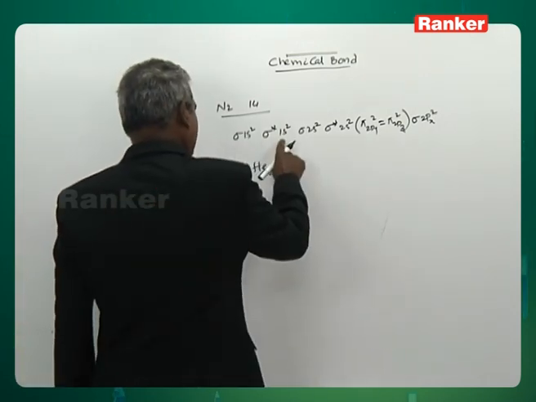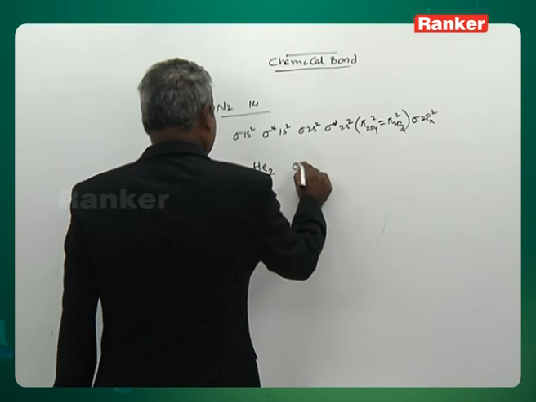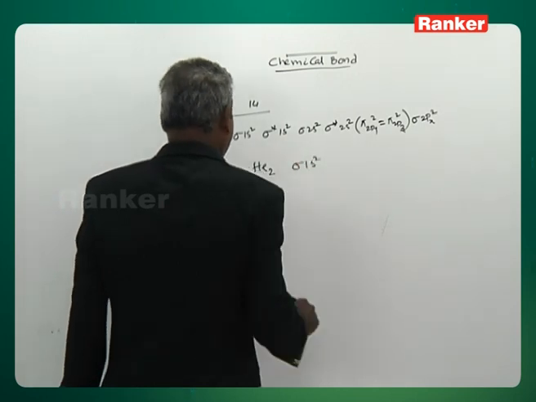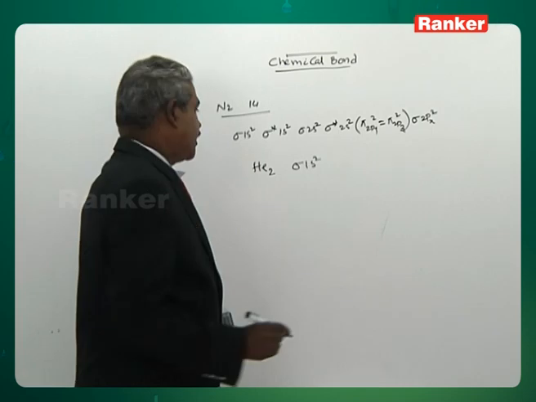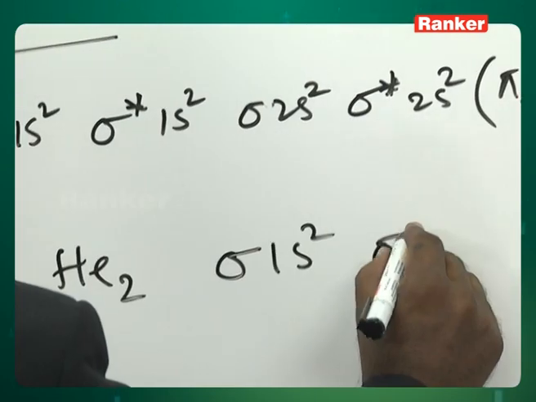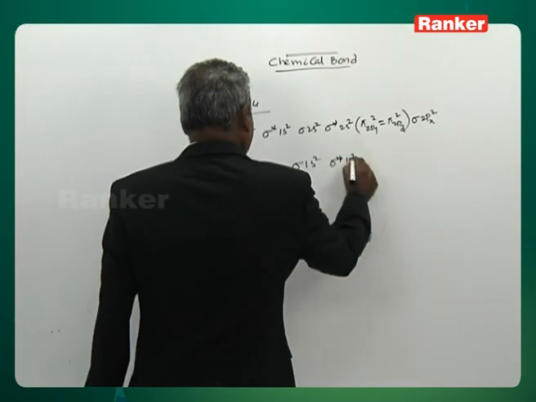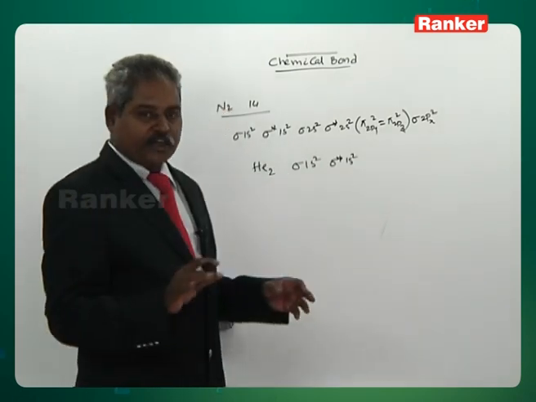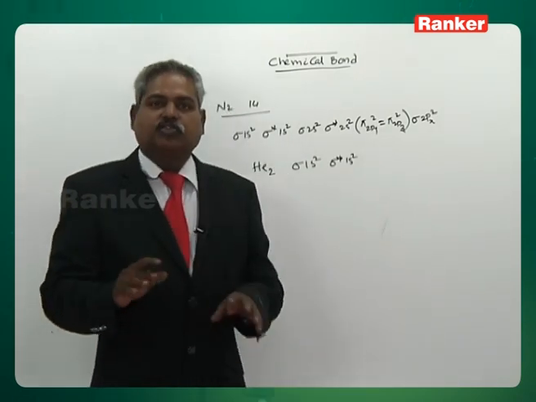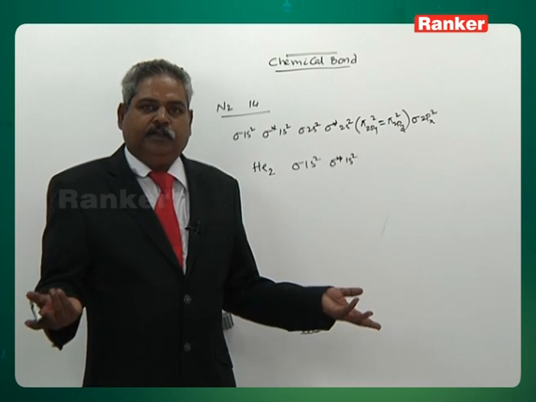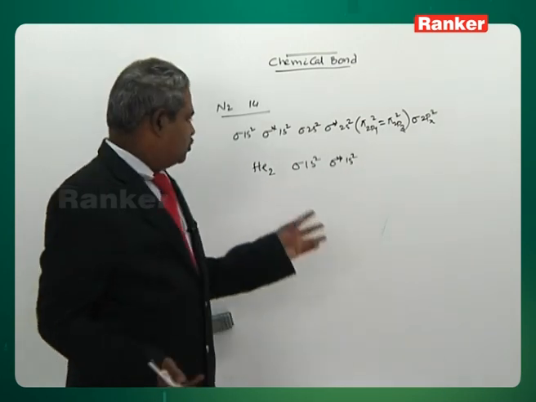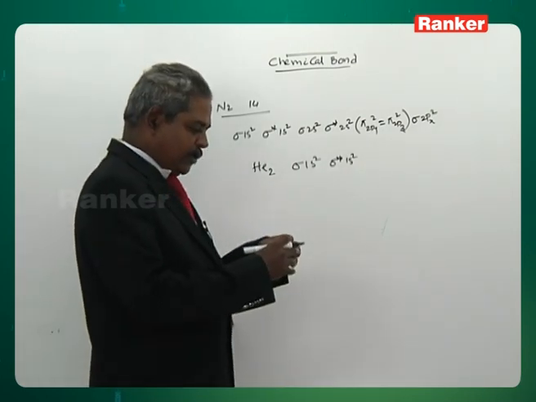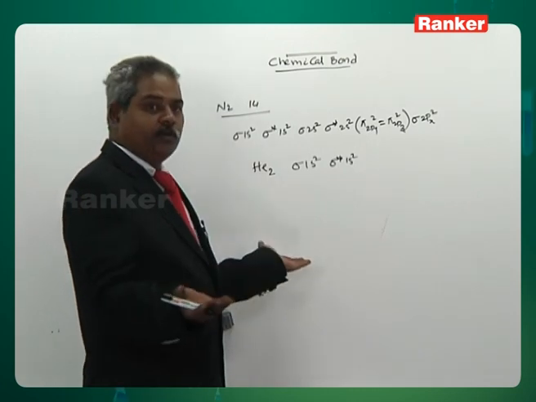Put 2 electrons here, 2 electrons here. So what are the 4 electrons doing? 2 of the electrons are bonding, the remaining 2 are anti-bonding. That is, the first 2 electrons are constructing and the next 2 electrons are destroying whatever has been built. So what is the net result? 0. So 2 electrons are bringing the atoms together and 2 electrons are throwing them apart.